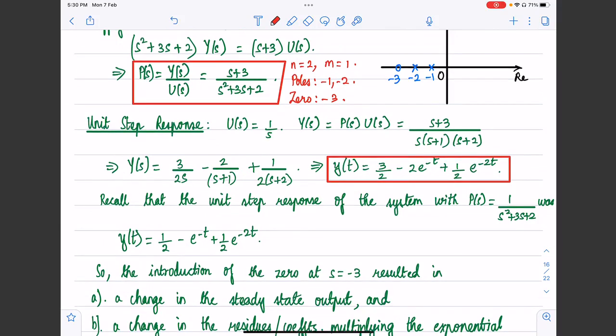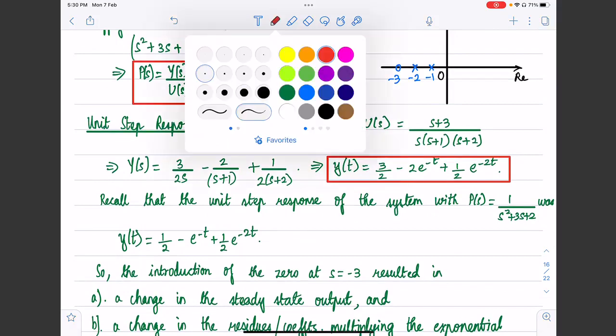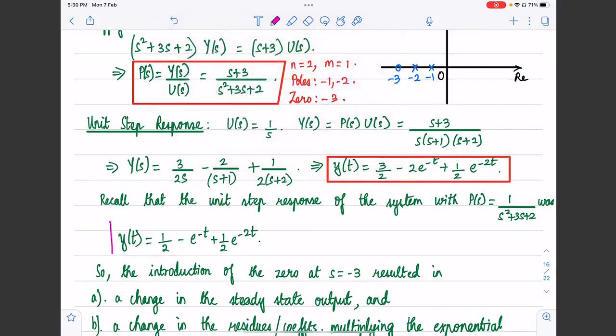You recall when the transfer function was just 1 divided by s squared plus 3s plus 2, this was our unit step response, correct? Now with this 0 in place, we have a different unit step response. So immediately by comparing these two output functions, we can make two observations.